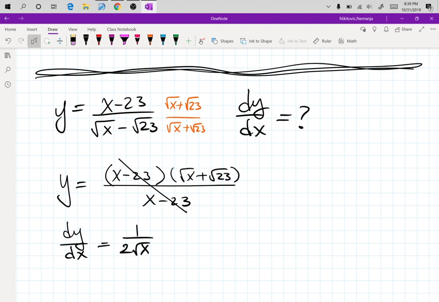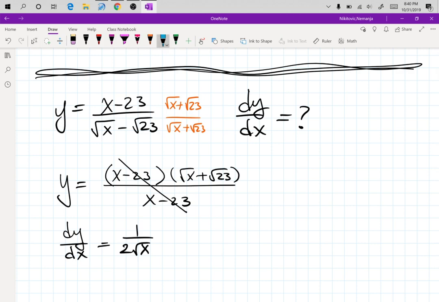Now I would consider that fun, but I don't know. Try to do the quotient rule on the original problem and see it simplifying to this. Couldn't you factor out the top? Yes. But a very small percent of people see that. So the answer is yes, factor the numerator.